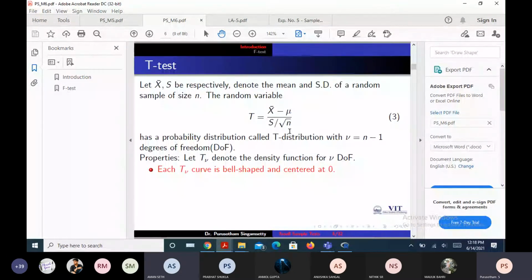Right. So what is sigma basically? Sigma denotes the standard deviation. Standard deviation of what, population or sample?